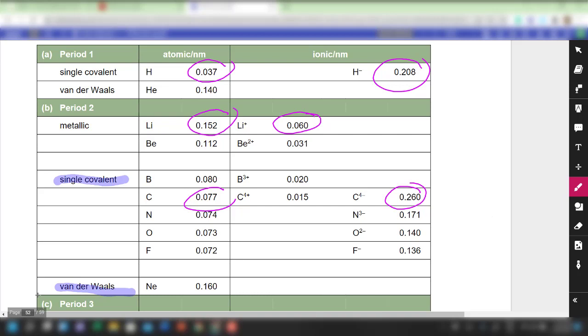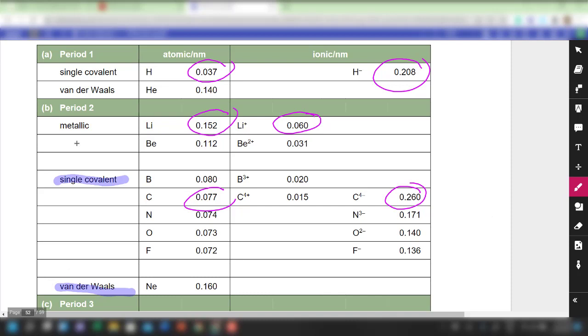Basically, it's like the halfway mark between the length of the covalent bond and the nucleus of the atom. That will be the so-called atomic radius. But some elements don't form compounds, for example, helium and neon.